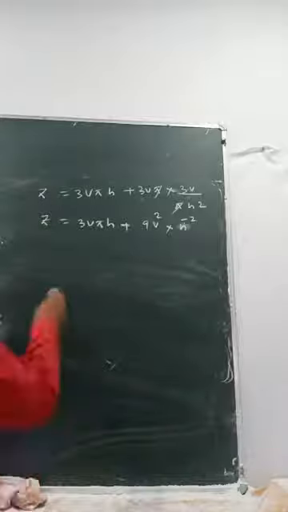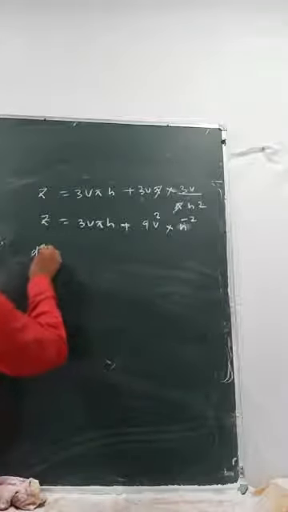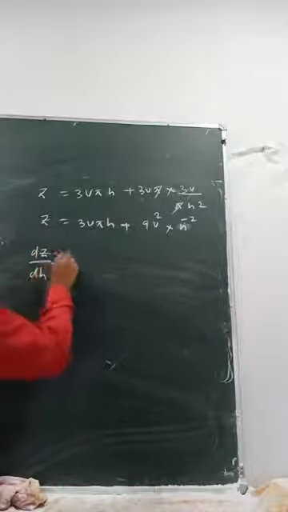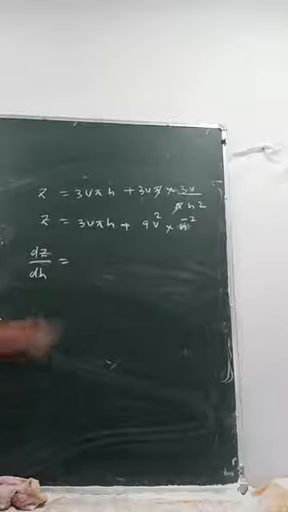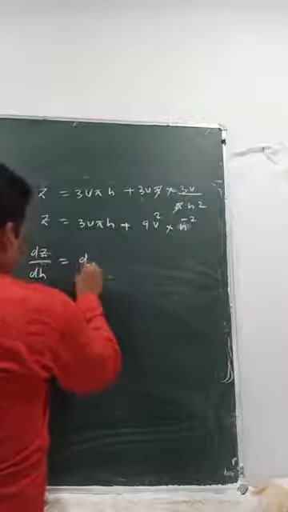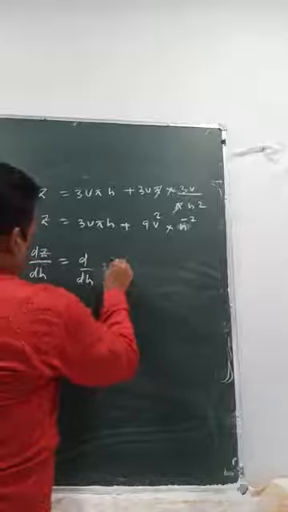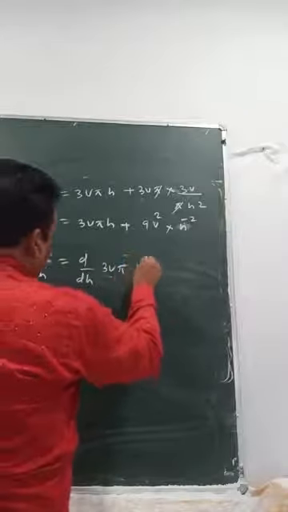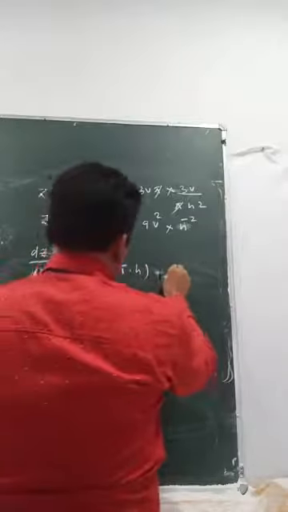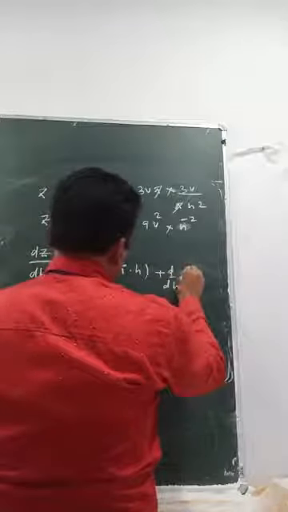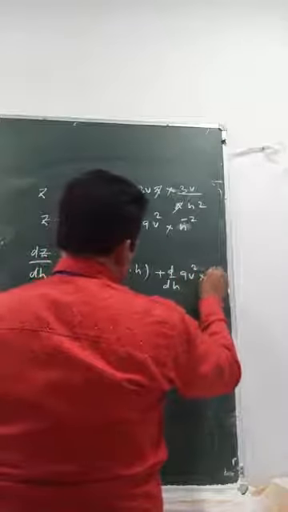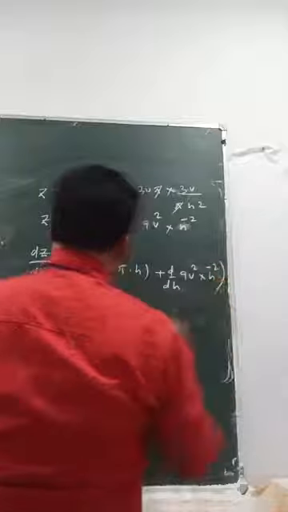So dz by dh equals to d by dh of 3v pi into h plus d by dh of 9v square into h to the power minus 2.